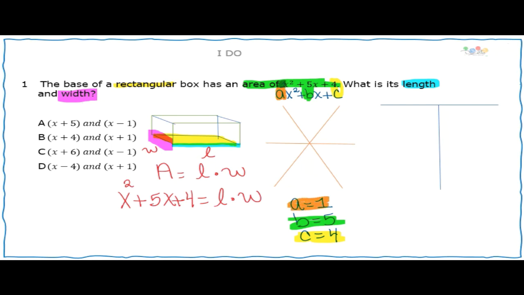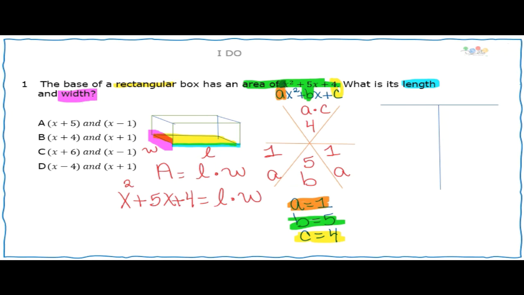Just to help identify a, b, and c. So let's write down my numbers on the X. If you remember, we need to find the product of a times c, which is a 4. Opposite of that, I need to write down the value for the b, which is a 5. And on the lower part, I write down the coefficients, which are 1 in these cases.